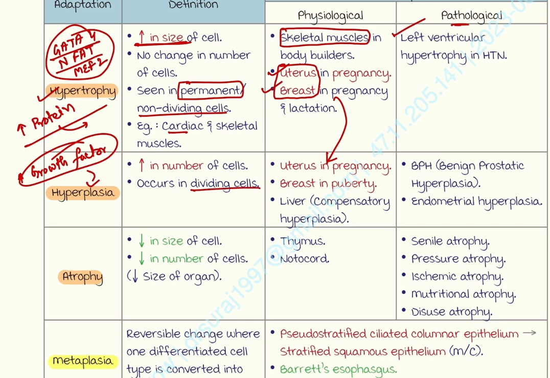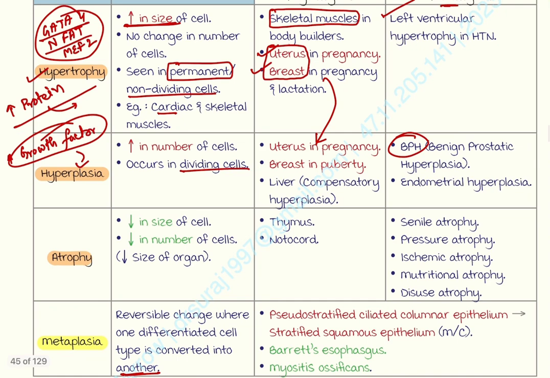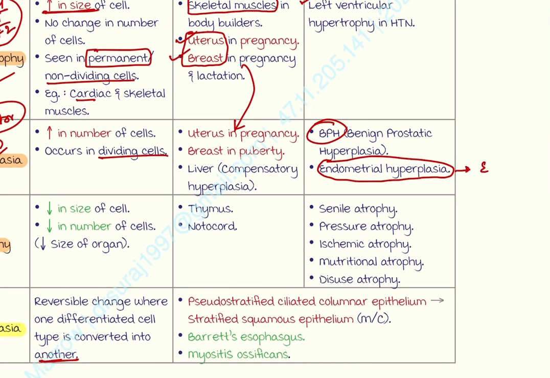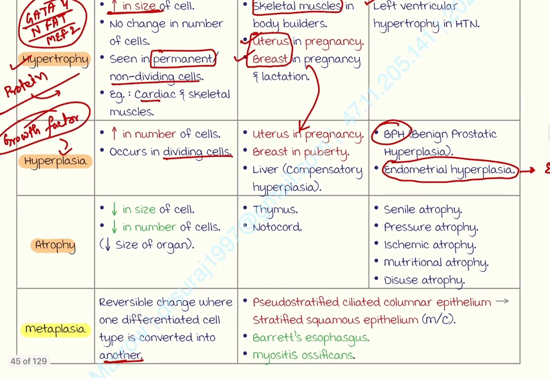What are the examples of pathological hyperplasia? Because of increased androgen, the response is BPH, benign prostatic hyperplasia, or because of increased estrogen, that can lead to endometrial hyperplasia. Now this hyperplasia is very fertile soil for cancers to develop. Endometrial hyperplasia can lead to endometrial carcinoma later on. So that is very, very important.